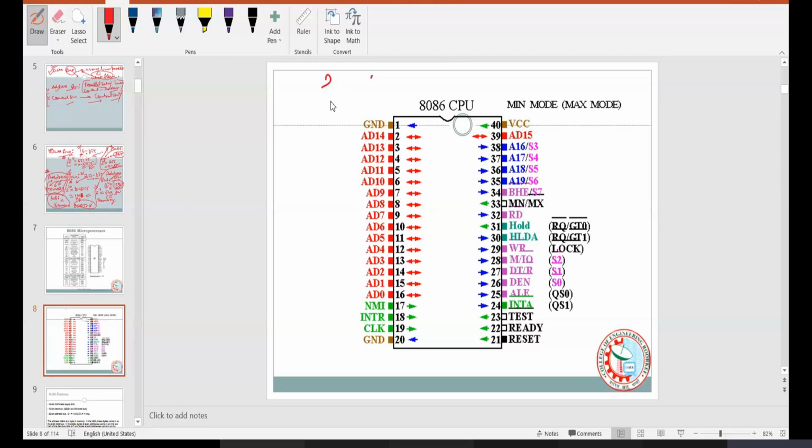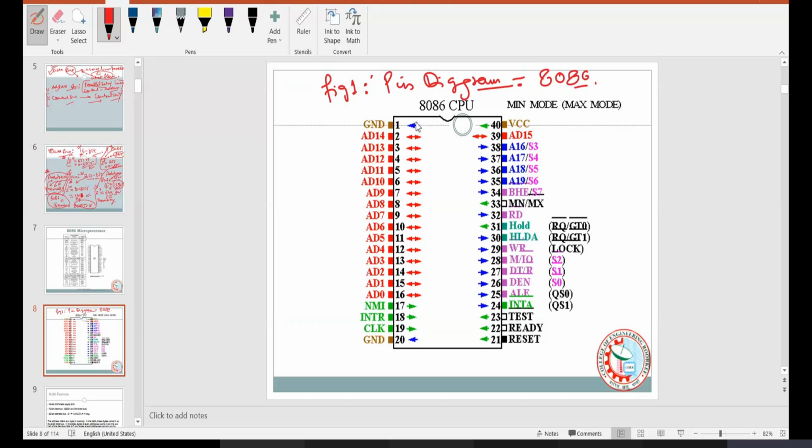This figure is called the pin diagram of 8086, because there are pins on the left side and the right side. That's why it is called the pin diagram of 8086, and this is very important from the point of view of examination.